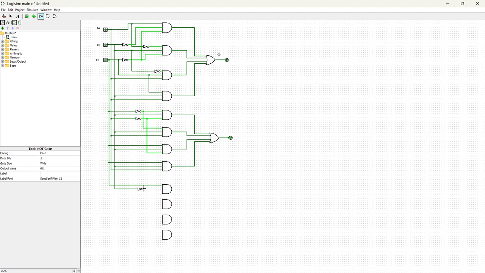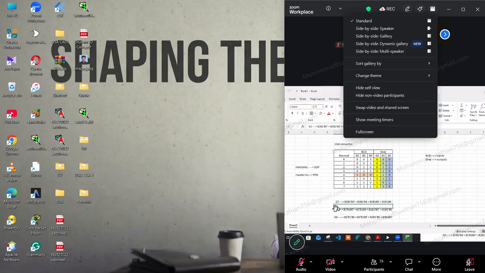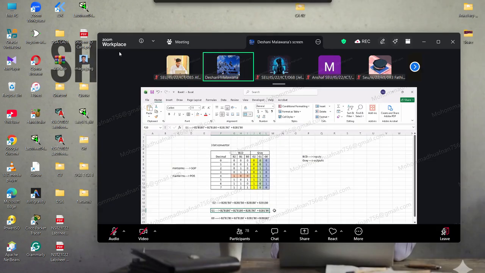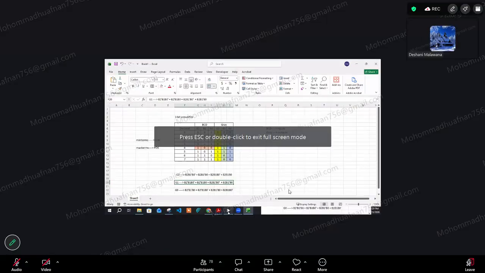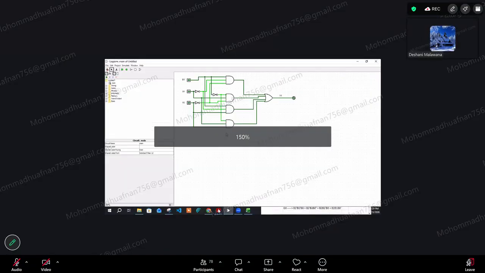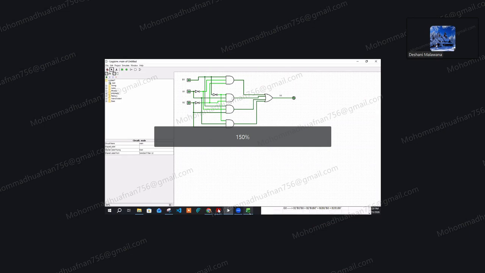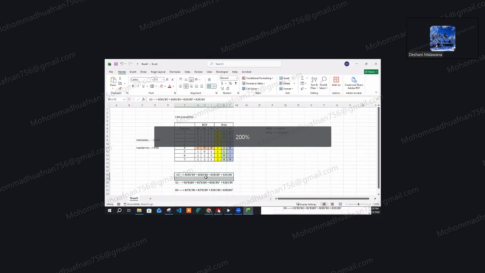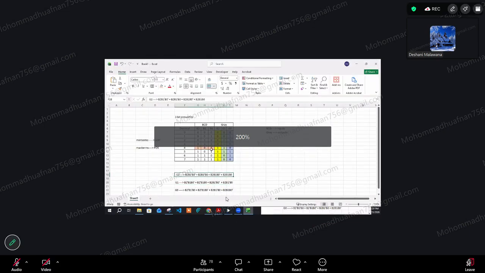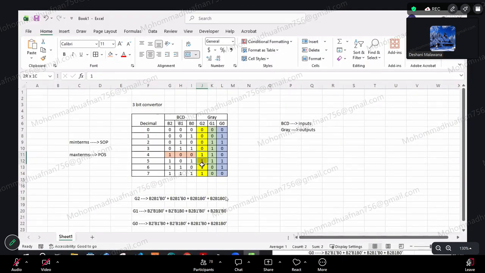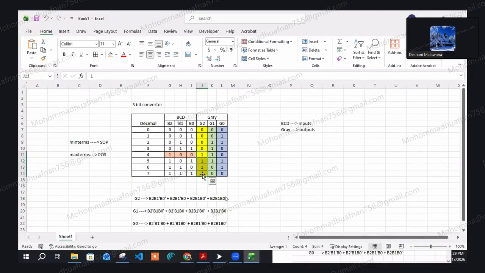So now we are going to move to the next part. Here, I hope you can see my screen. So here we are generating the equations for this one, right? You can see one thing. If we are going to generate the logic circuit from these equations, it will be somewhat big, right?